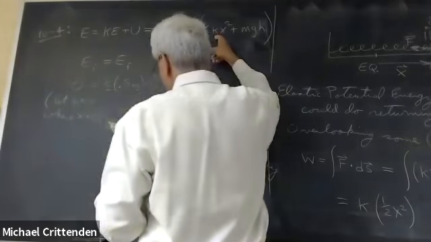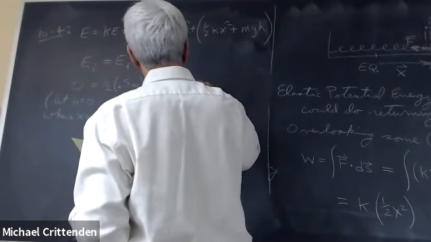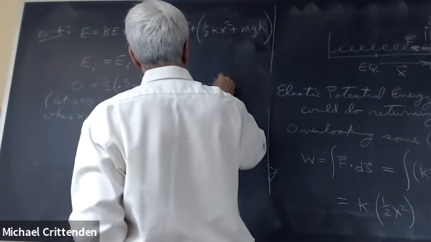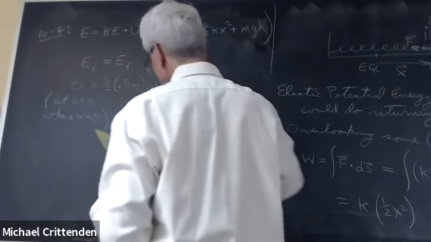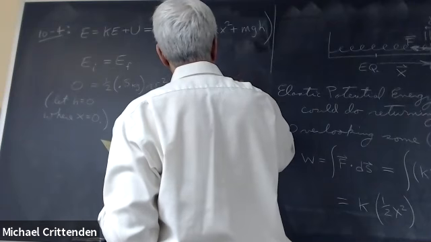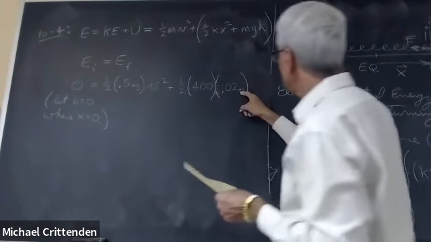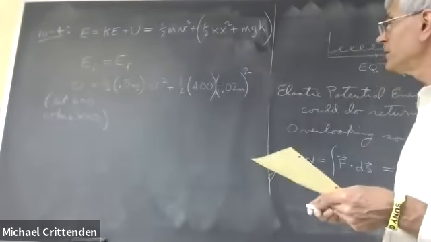In the elastic potential energy term, I guess I don't need to put the unit on it. It takes up space. I'll put the unit on x though, because I've converted from centimeters into meters.